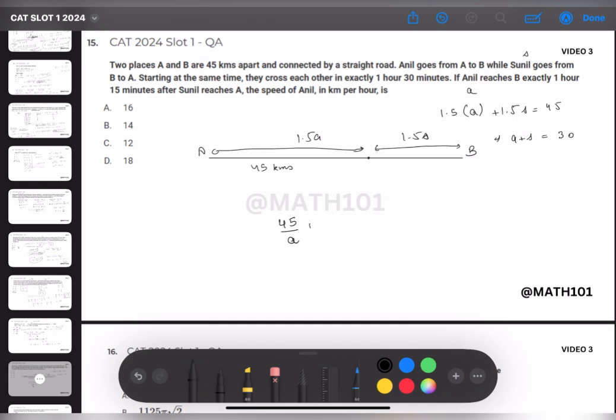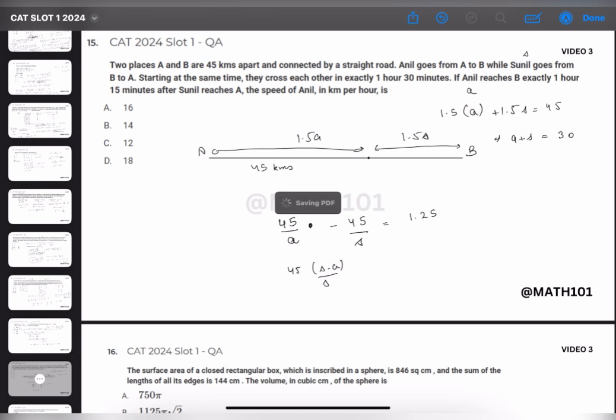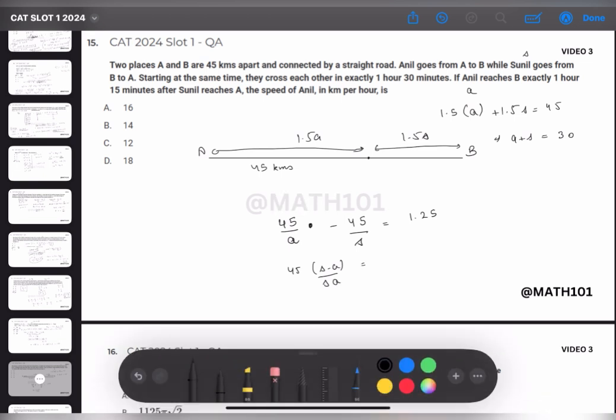Sunil reaches A in 45 by S hours. This difference is given to be 1 hour 15 minutes, so 1.25 hours. So 45 into S minus A upon SA equals 1.25.